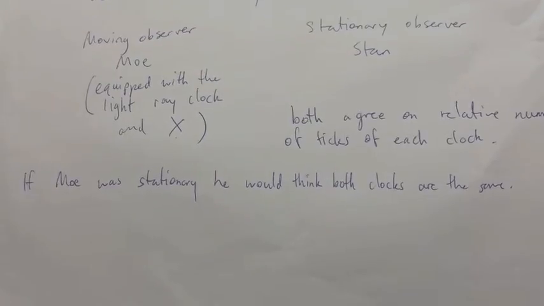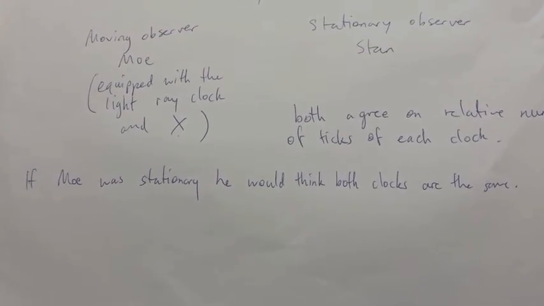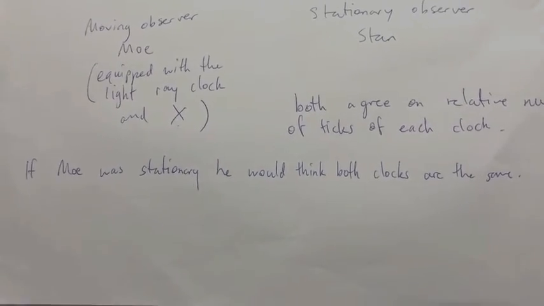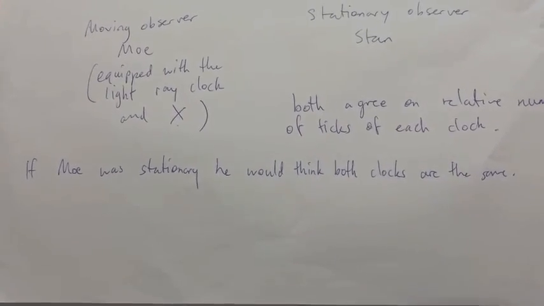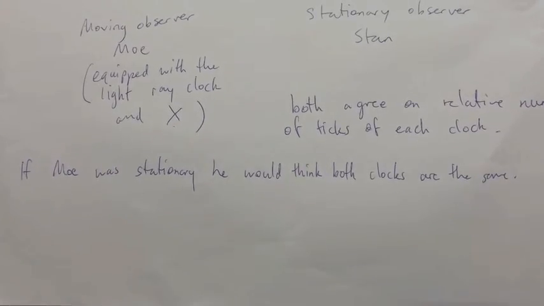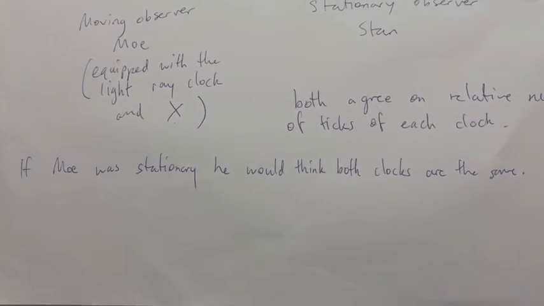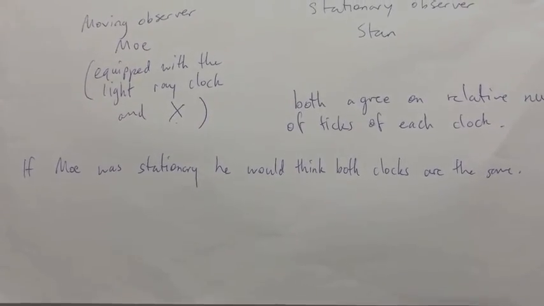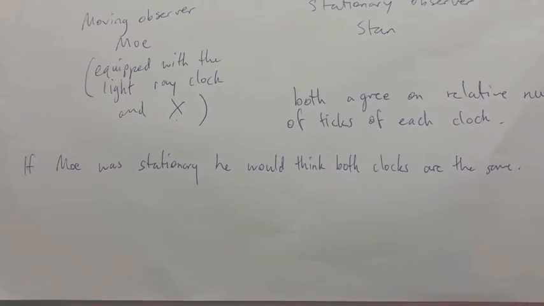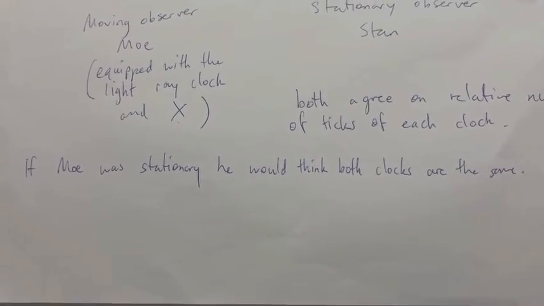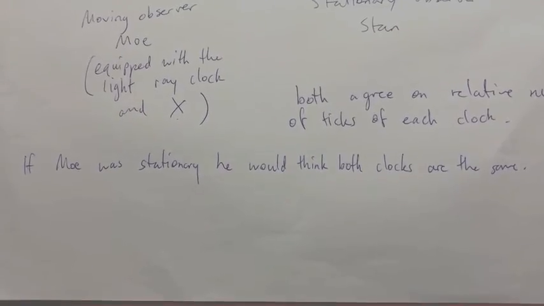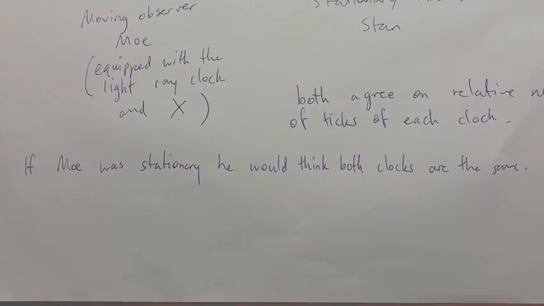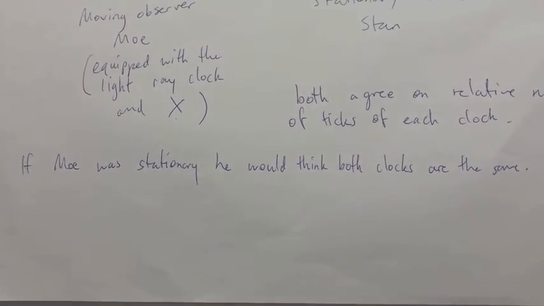That doesn't mean they tick the same amount, but they measure time the same. We could even calibrate our clocks so that they tick at the same rate, so that 1 second corresponds to 1 light ray bounce, and it also corresponds to 1 x tick. And if that was the case, then Mo would think that they would both do 1 tick at the same time, because when it's stationary, the light ray clock is just another clock. It doesn't demonstrate any time dilation. There is no time dilation when there's no motion.